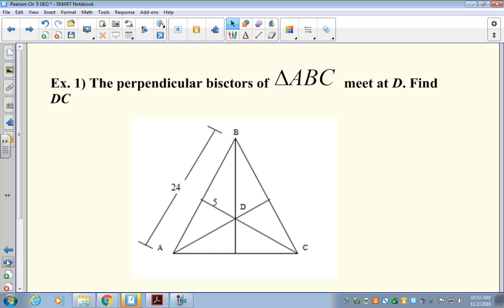Okay, so let's look at how we're going to use this property to help us find distances within our triangle. We look at example 1.